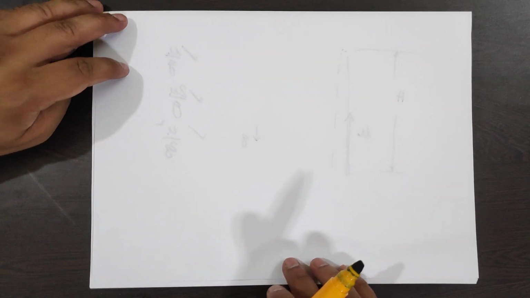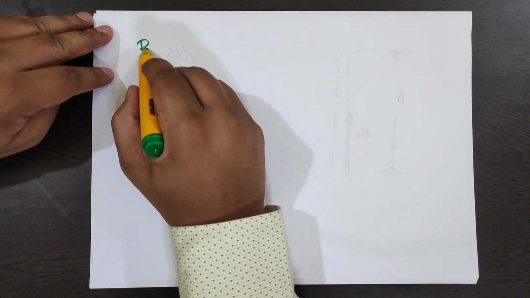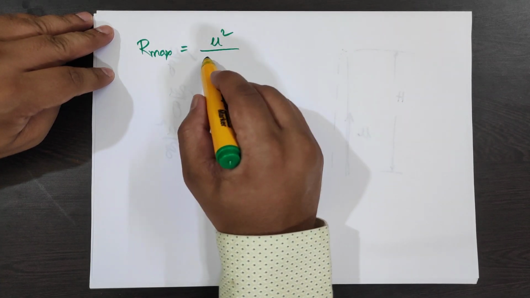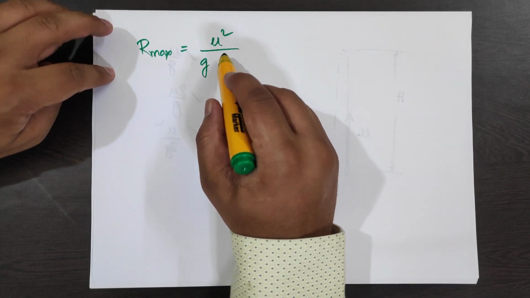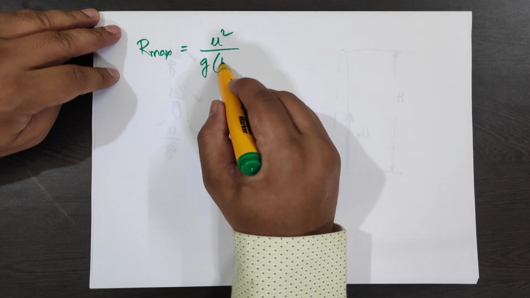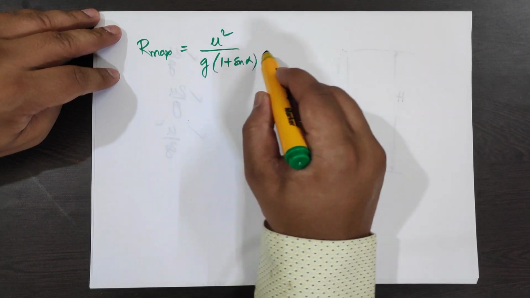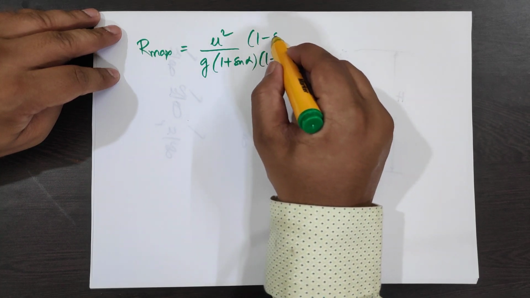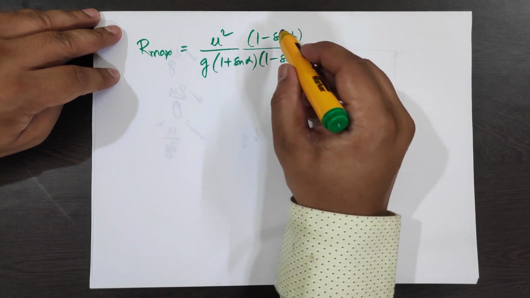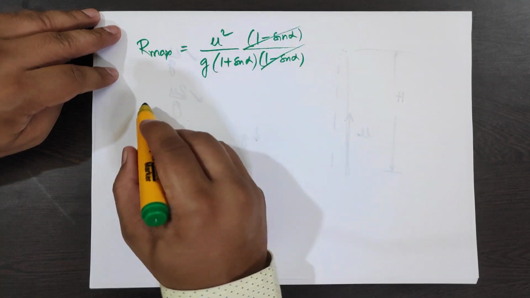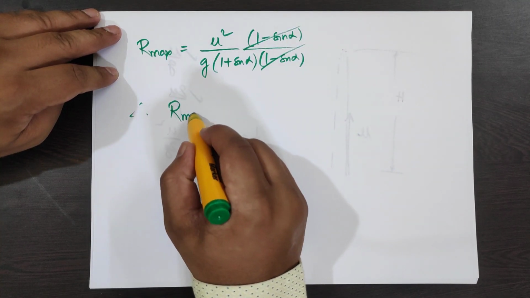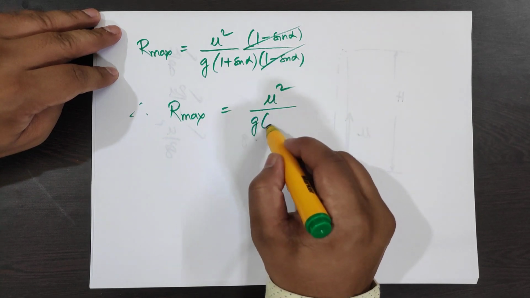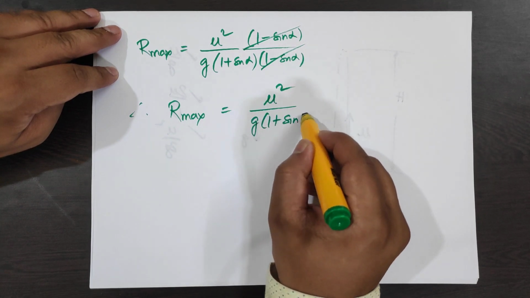Let us do it here. So R max equals u squared by g, and cos squared alpha is (1 minus sin alpha) into (1 plus sin alpha), so 1 plus sin alpha into 1 minus sin alpha. Here you have 1 minus sin alpha, so that will cancel. Therefore R max is u squared by g times (1 plus sin alpha).